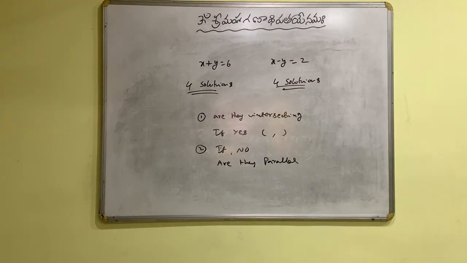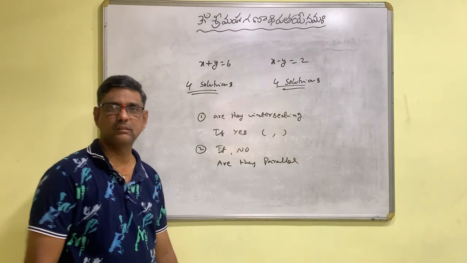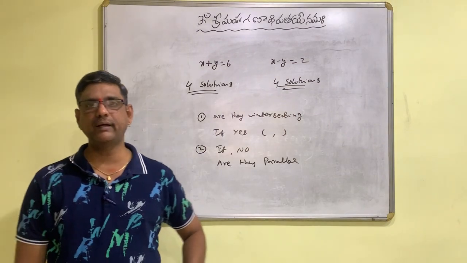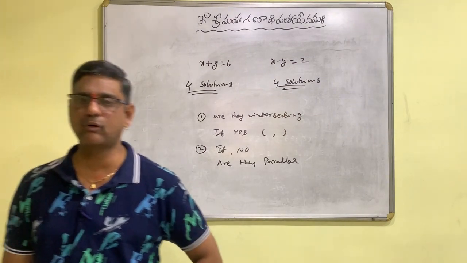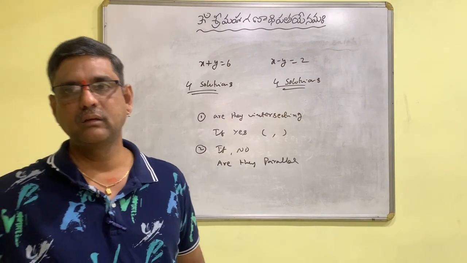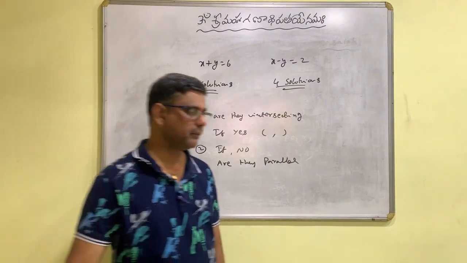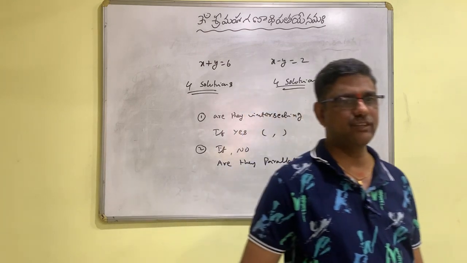Excellent. Surjay is telling that the lines are intersecting at 4 comma 2. Now the remaining students need to confirm whether it is right or wrong.